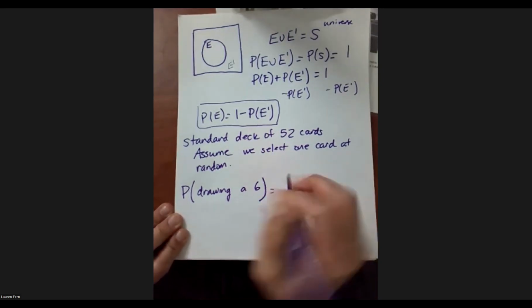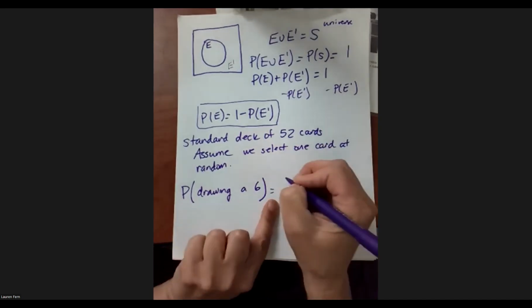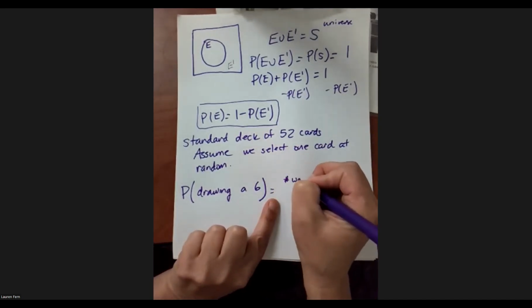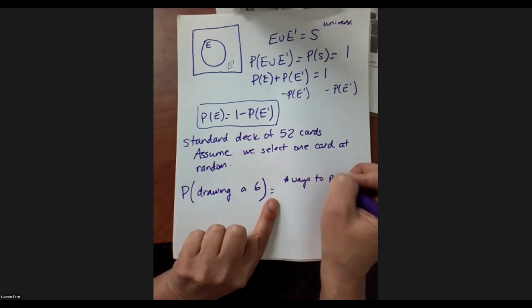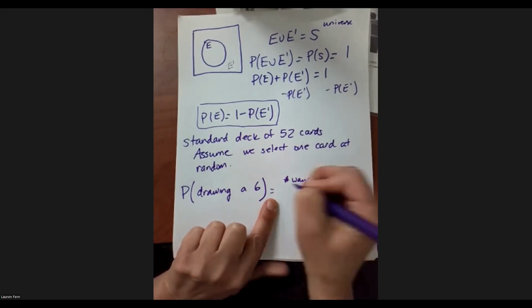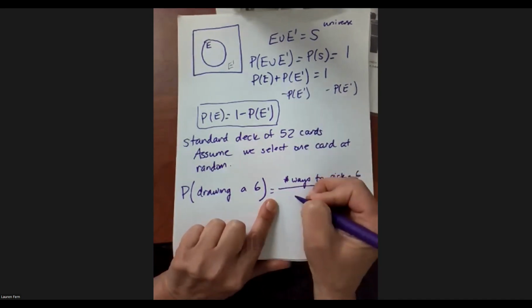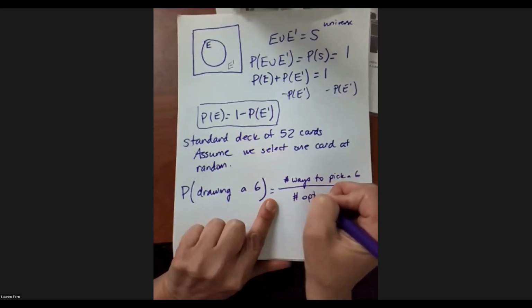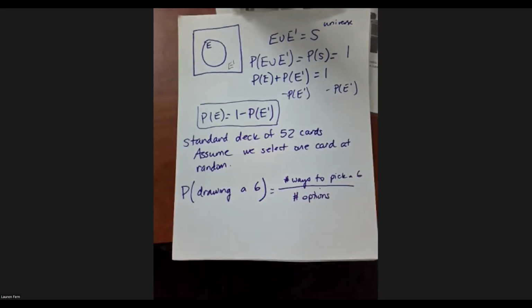Well, using our formula, it's the number of ways to pick a 6 divided by the total number of options. I won't always write this out, but certainly as we're just learning this terminology, I think it's really helpful.